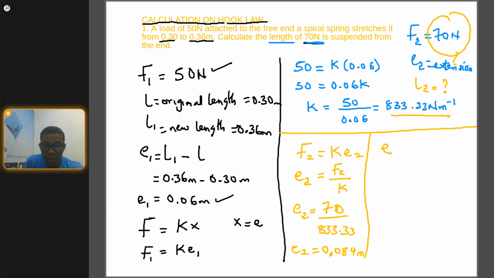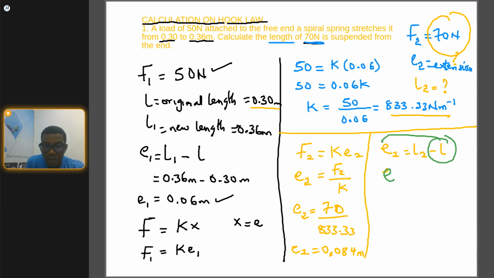Take note that extension 2 equals L2 minus original length. So we need to know what the original length is. The original length L is 0.30. So, making L2 the subject of the formula, I take this minus L and bring it to the other side.